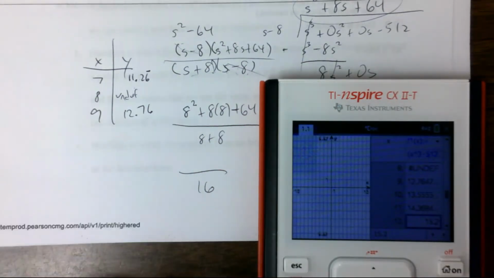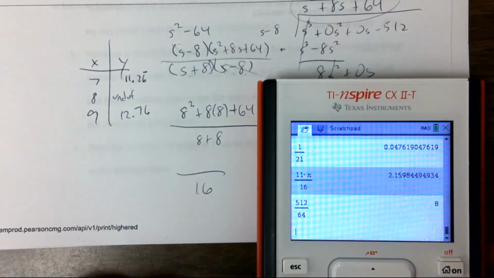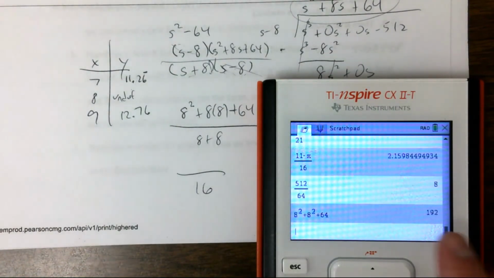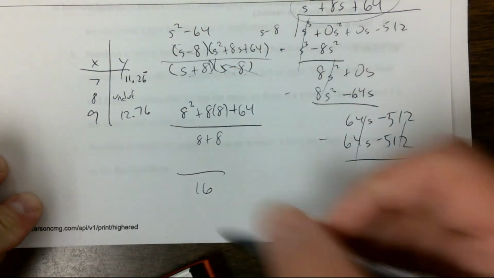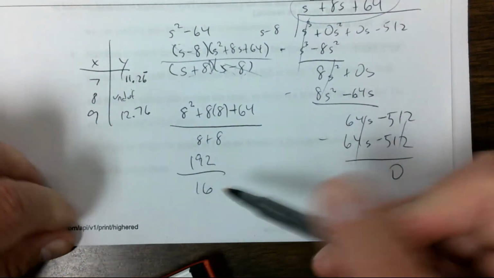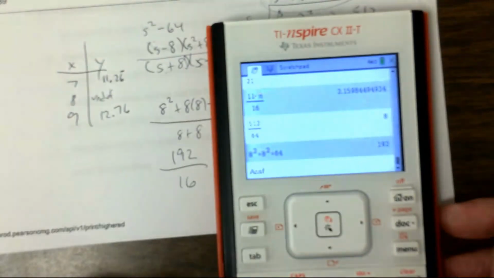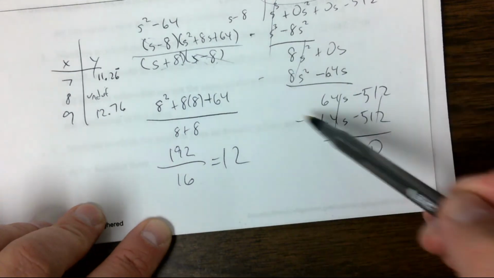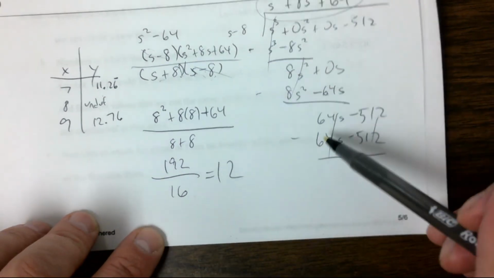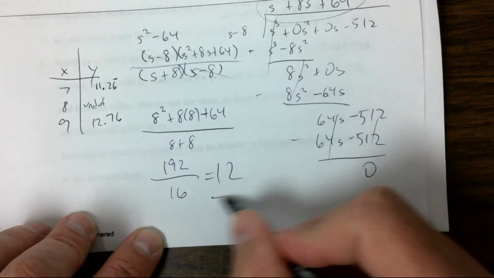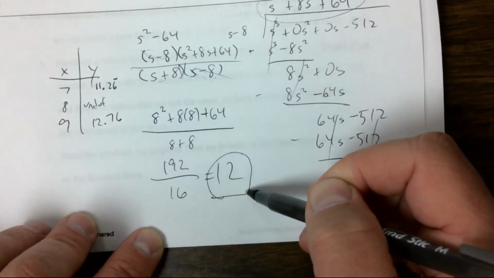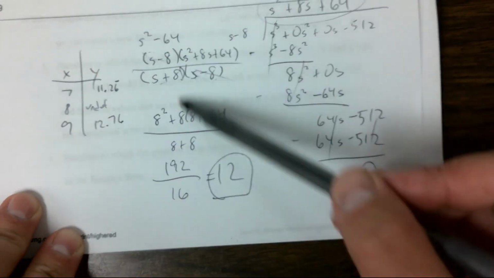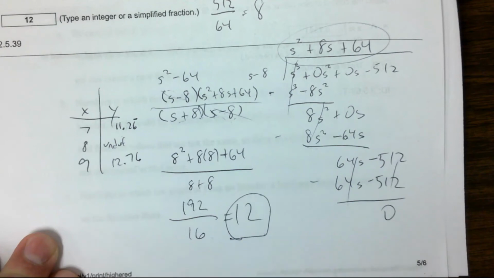Okay, so let's see what we have. 8 squared plus 8 squared plus 64 is 192. And 192 divided by 16 is 12. So this long division really did help, because now I can guarantee that it would work. Because here I'm just guessing, and I don't like guessing, but here the math worked. And it's 12.